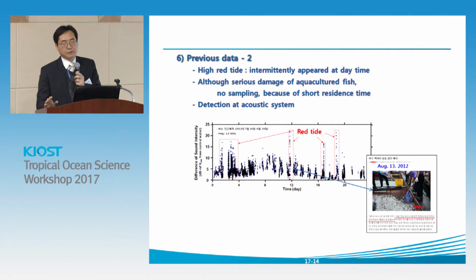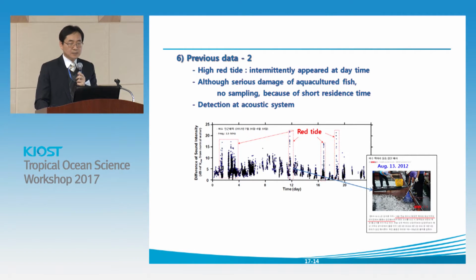For example, 2 or 3 hours of very high density of red tide may kill fish. So the detection of the high density of red tide should be done within a very short interval. This sensor is very good because it is a real-time detection, but manual capturing or other methods are not easy for detecting a very short occurrence of high density.